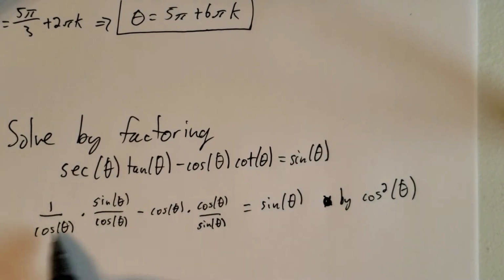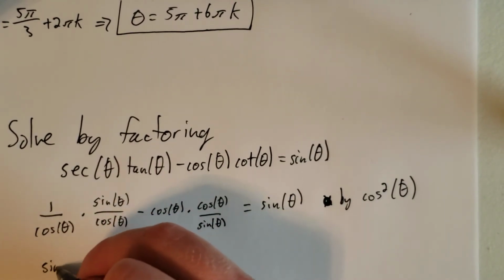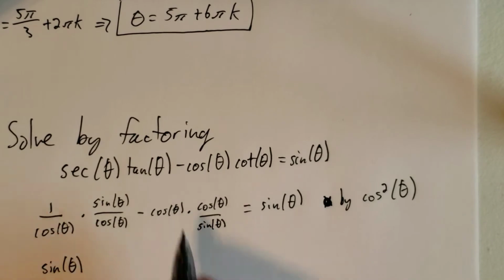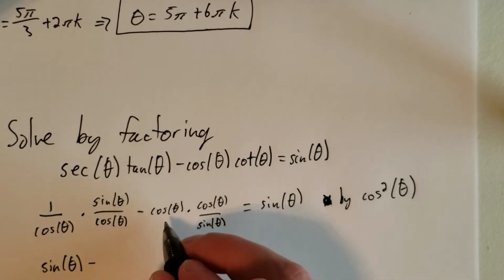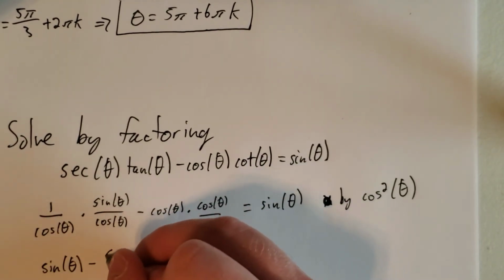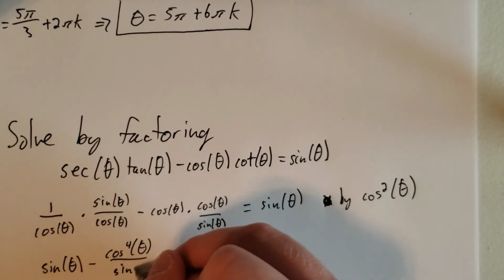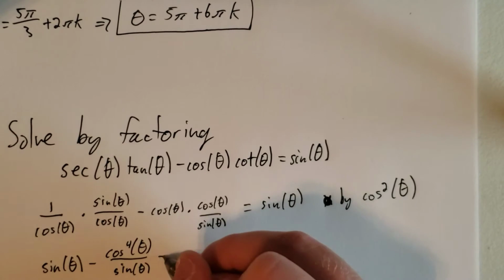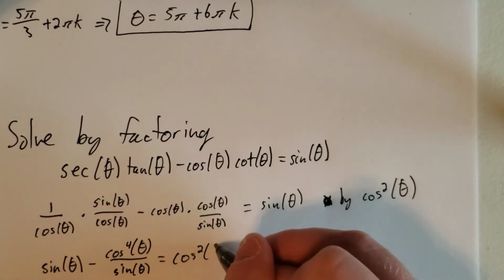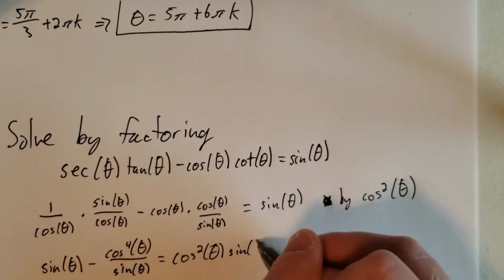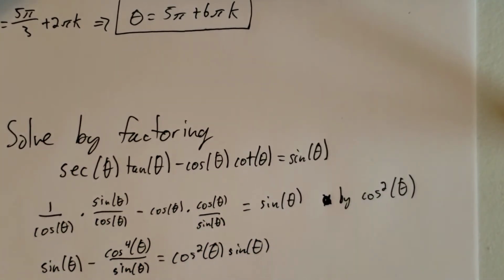If we do that on this first term, we get sine of theta. If we do that on the second term here, we get cosine squared times cosine squared. So that's cosine to the 4th of theta all over sine of theta is equal to cosine squared of theta times sine of theta on the right.